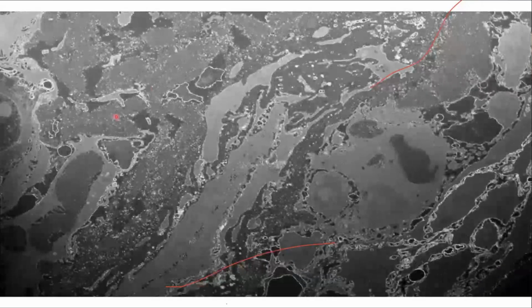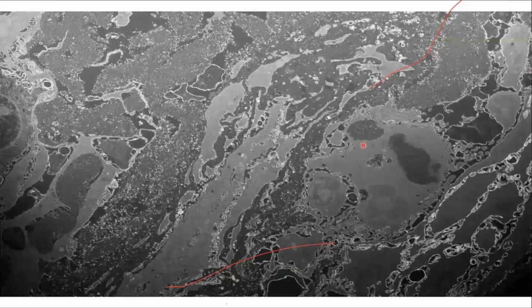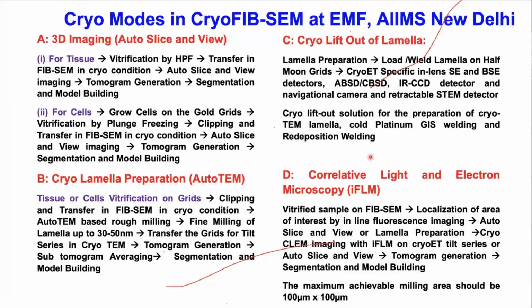Now coming to the cryo mode of FIB-SEM, we can have a similar way: you can go 3D, or high pressure freezing by HPF, transfer in for auto slice and view bioimaging tomogram generation. But for the cells, you have to first put the cells on the grid, or just drop cast the cells on the grid, vitrify by plunge freezing and transfer.